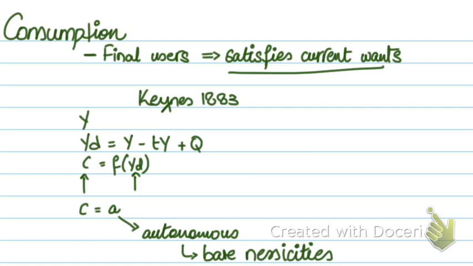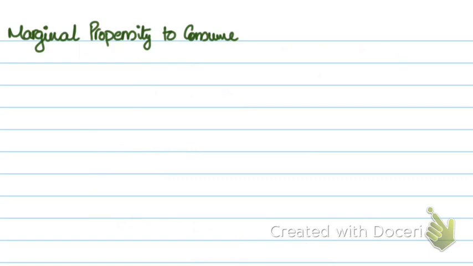Now, the question is this: consumption is a function of disposable income. So to understand consumption as a function of disposable income, we need to know what marginal propensity to consume is. So this is denoted by B, and it's basically change in consumption upon change in disposable income.